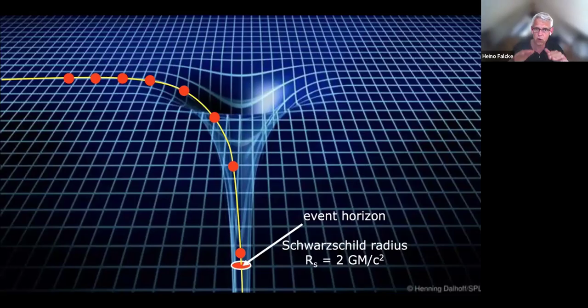And if you have a spherical body, it's a virtual shell around that singularity in the very center. Once you've crossed that, nothing, not even light, can come back. Because the speed of light is the fastest velocity in the universe. It's a velocity of information. And so once light has entered that region, it cannot come out of this event horizon.